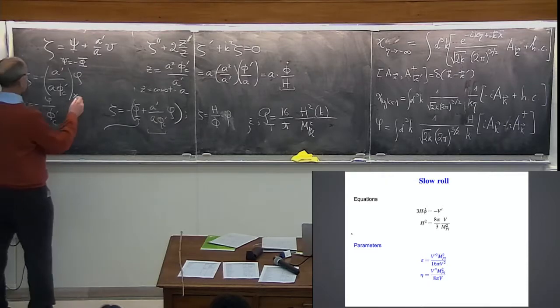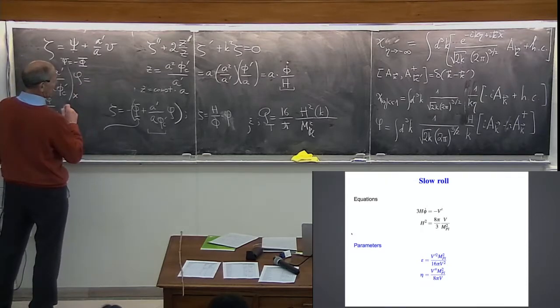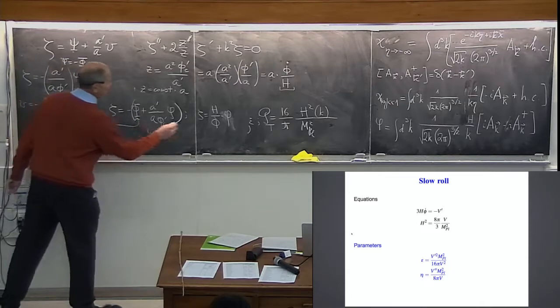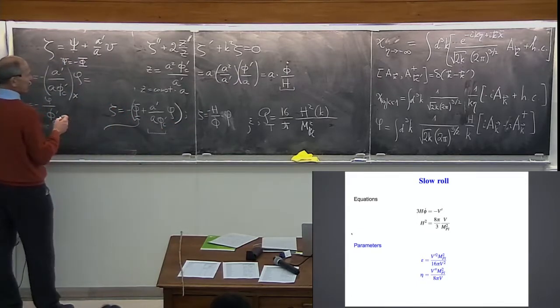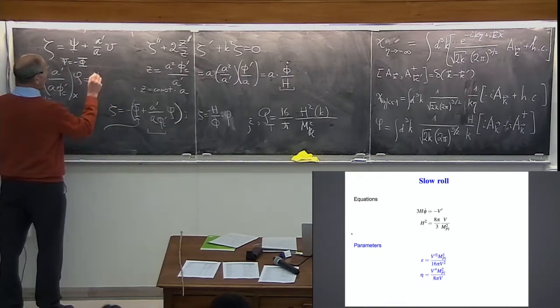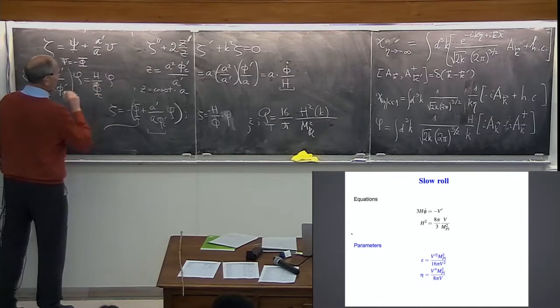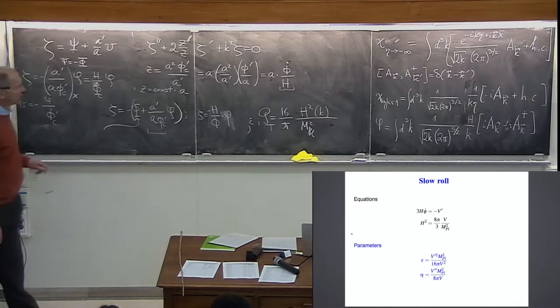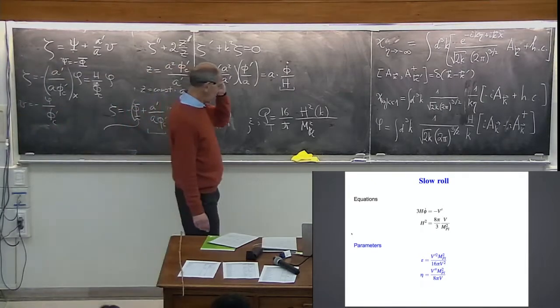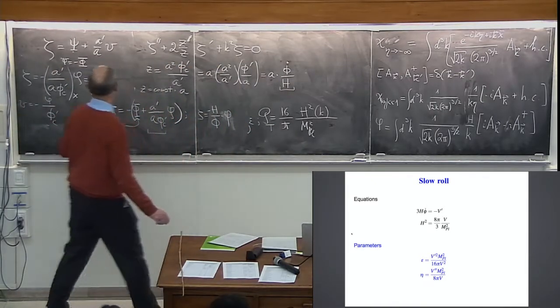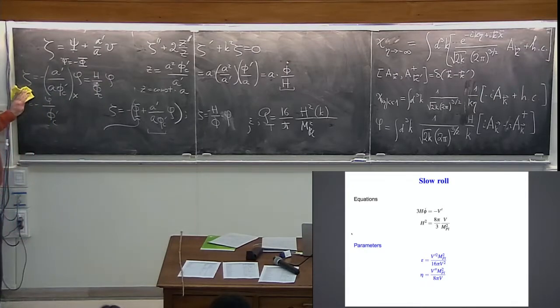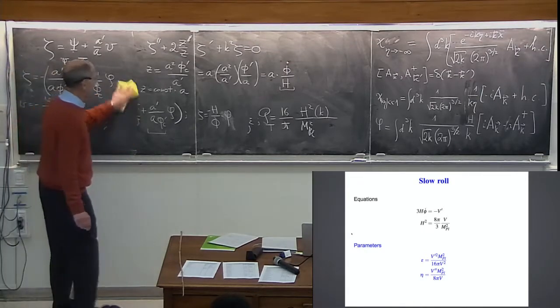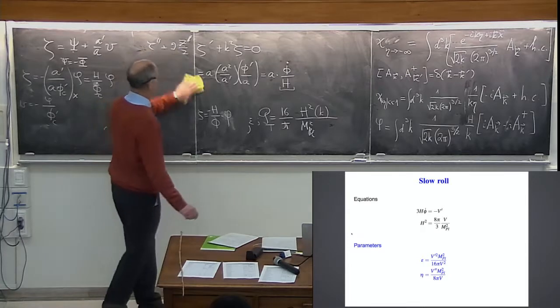So my zeta finally is indeed equal to, with a minus sign here, but the sign doesn't matter, h over phi dot classical times phi, where phi is the power spectrum which I erased, h squared over 2 pi squared, and this is an enhancement factor for this zeta. Okay.